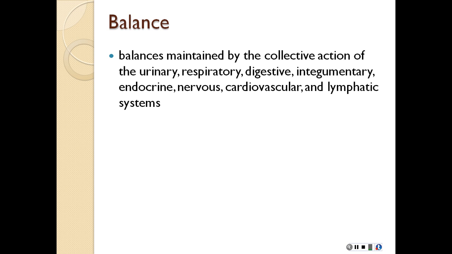Their job is to get rid of excess, and whenever there's not enough of an ion, the kidneys hold on and don't get rid of it. So I would say the urinary system is probably the main system involved in maintaining water balance, electrolyte balance, as well as pH.